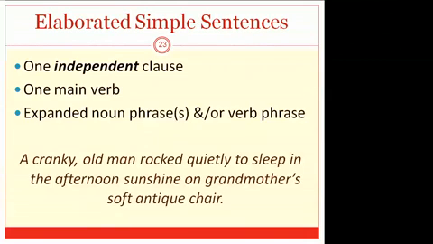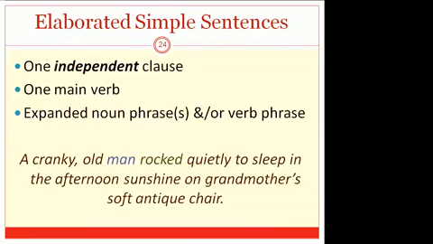So in our example here, a cranky old man rocked quietly to sleep in the afternoon sunshine on a grandmother's soft antique chair. We have a very long sentence, but the sentence pattern or the sentence structure remains a single independent clause with a subject, man, and one main verb, rocked, man rocked.